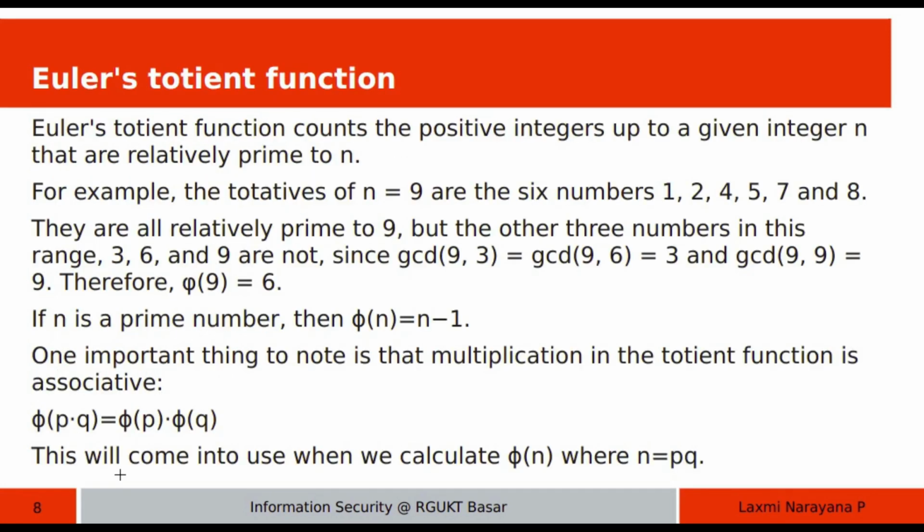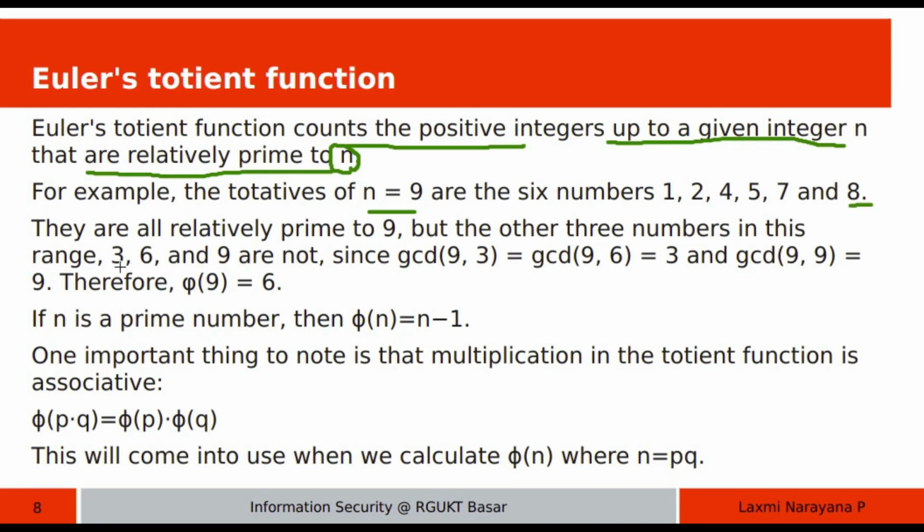Euler's totient function. Euler's totient function counts the positive integers up to a given integer n that are relatively prime to that number n. Means it will count all the numbers that do not share a factor with this number n. For example, if n equal to 9, then 1, 2, 4, 5, 7 and 8 do not share a factor with 9.